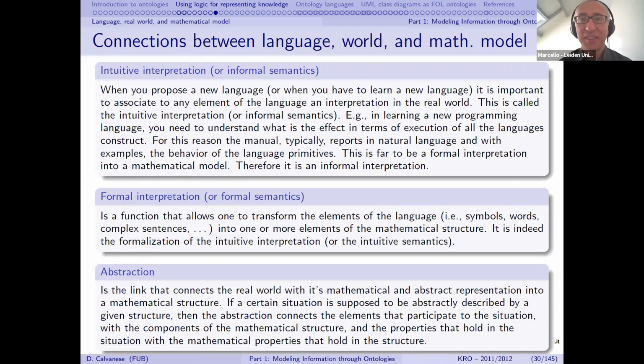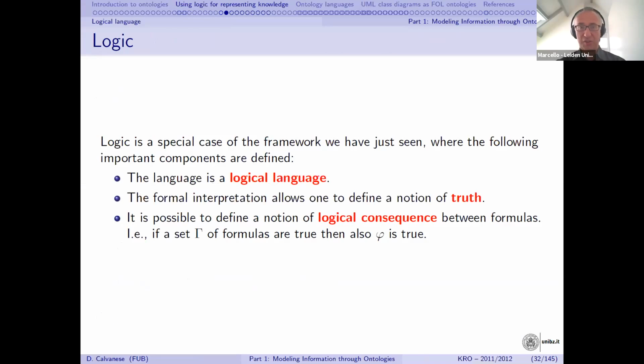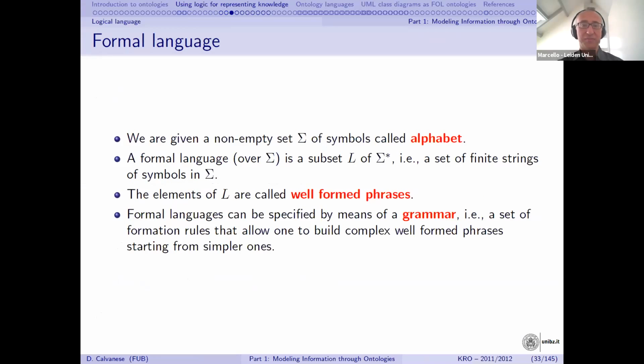I think the connection between the real world and the formal semantics and the abstraction is the link. And then you have the logic, and you start with the basics of what logic is and what it means to be true.